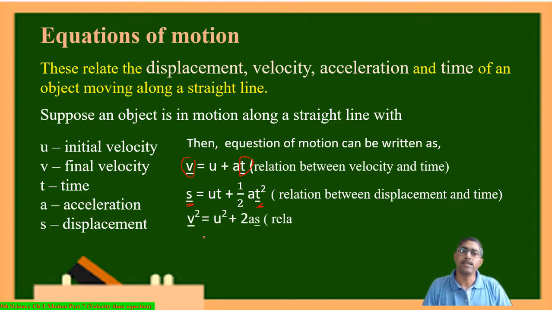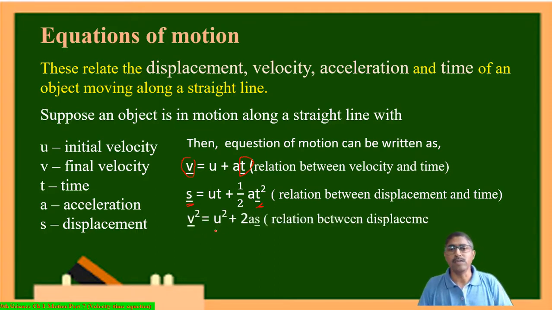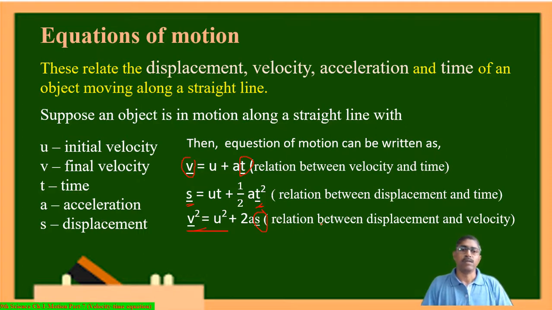And the third one is v² = u² + 2as, that means the relation between displacement and velocity. These are the three equations of motion given by Newton.